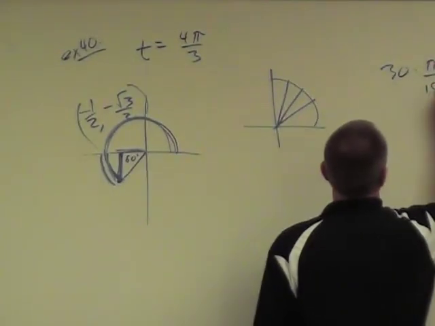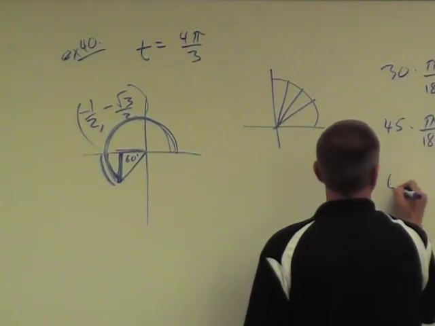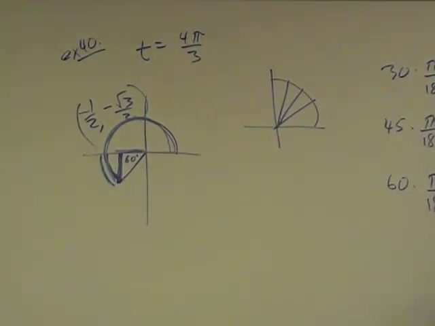Degrees, 45 degrees. If you don't know how to do it, this is what you should do. 30 degrees. What's 180? What gives you 30 degrees? 1 over 6.